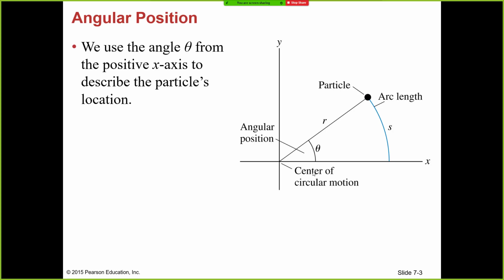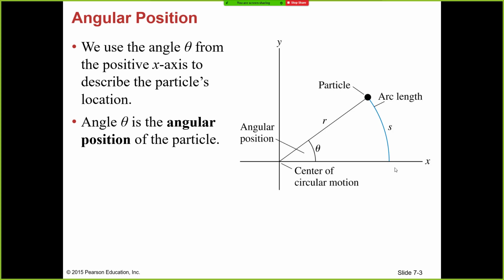So we use angle theta from this positive x-axis to describe the position of the object. So for example, in this case, this particle is at angle theta from this x-axis. Okay? So theta is angular position of that object.